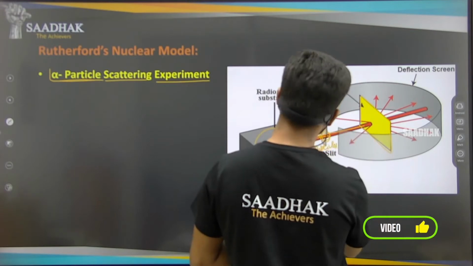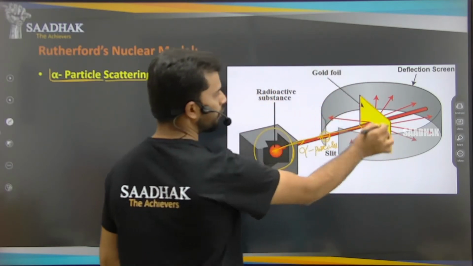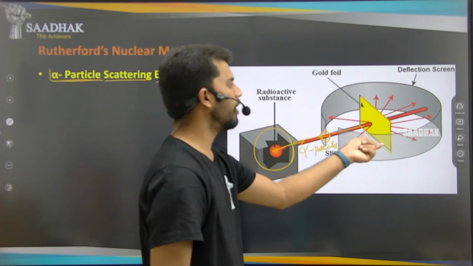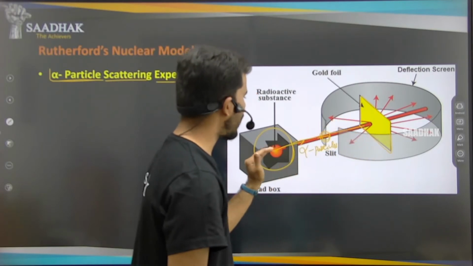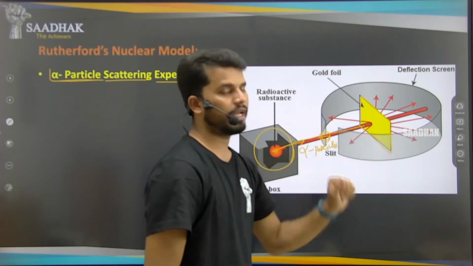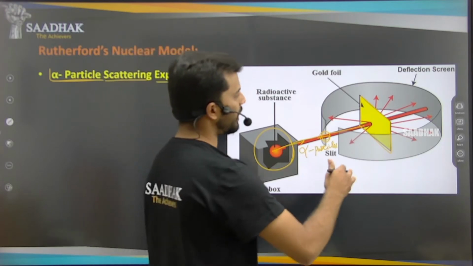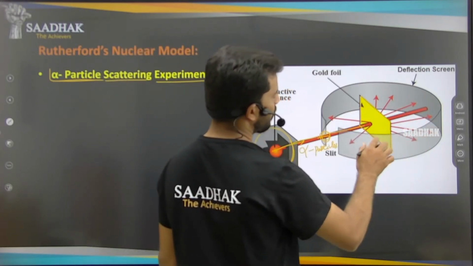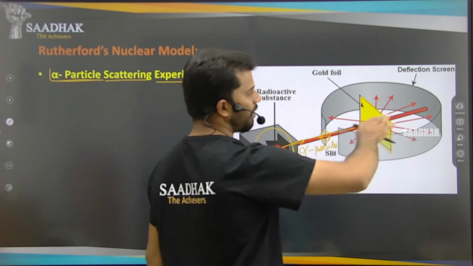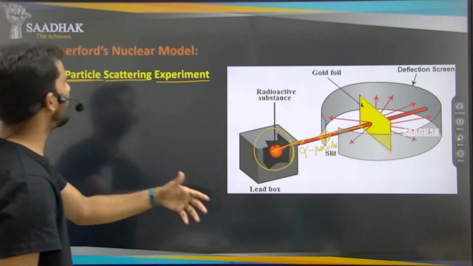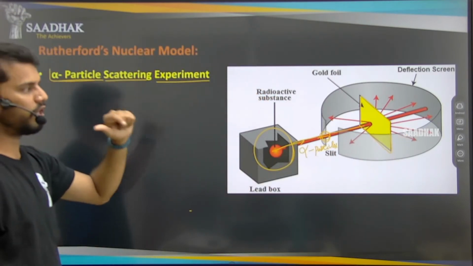Whenever these alpha particles bombard the foil, the alpha particles deflect. So depending on the deflections, or the path followed by these alpha particles, he gave a nuclear model of an atom.